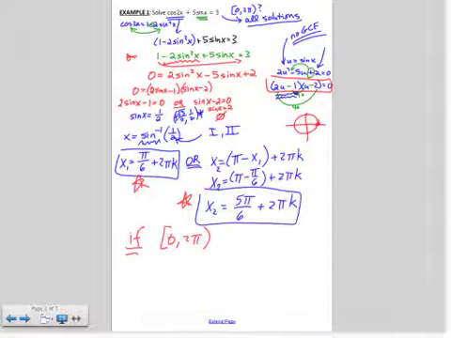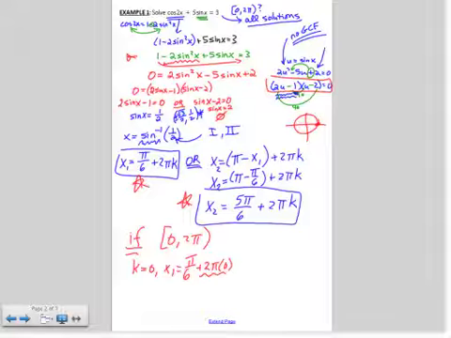And now let's evaluate for specific values of k. So, if k is equal to 0, x1 equals pi over 6 plus 2 times pi times 0, so that term's going to drop out.